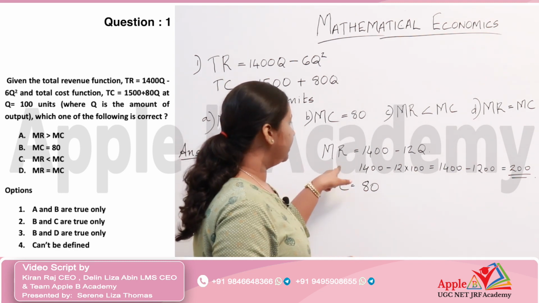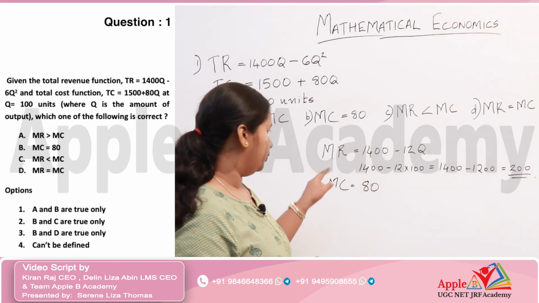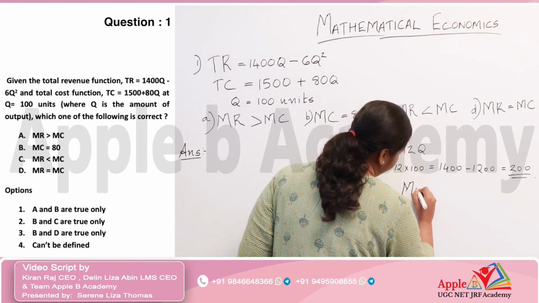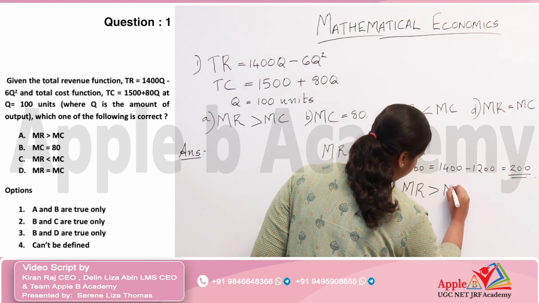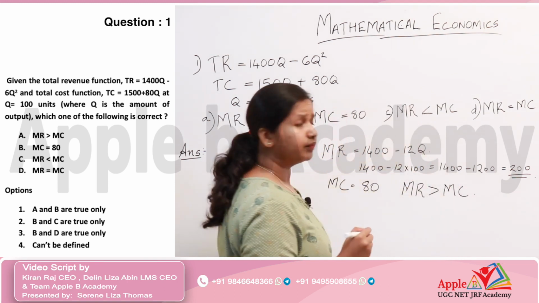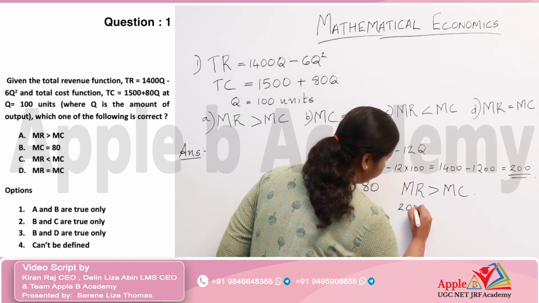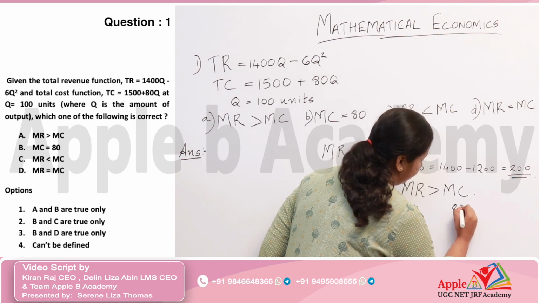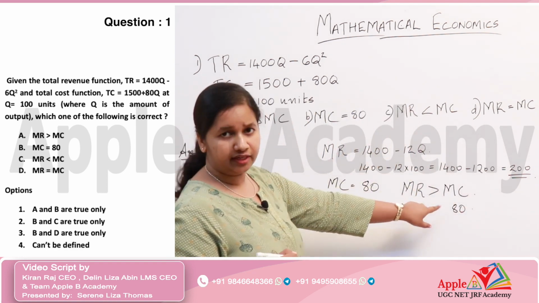Now we have the values for marginal revenue and marginal cost. You can clearly see that marginal revenue is greater than marginal cost, because marginal revenue is equal to 200 and marginal cost is equal to 80.